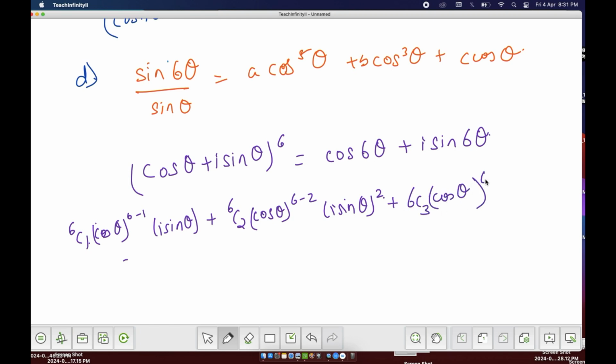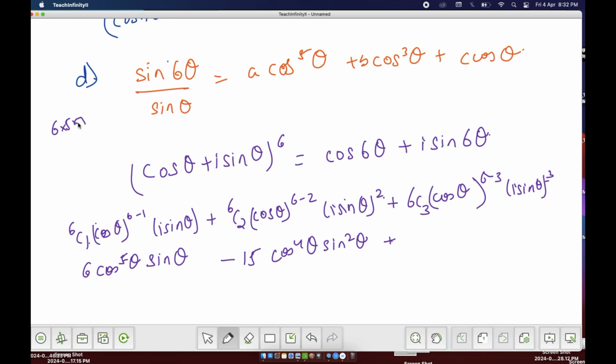I'll just quickly do the expansion here. 6 cos theta, 15 cos to the power 4, and 6C3 is 20. So 20 times cos cube theta, plus i cube. i cube is nothing but minus i. So minus 20i cos cube theta sin cube theta.